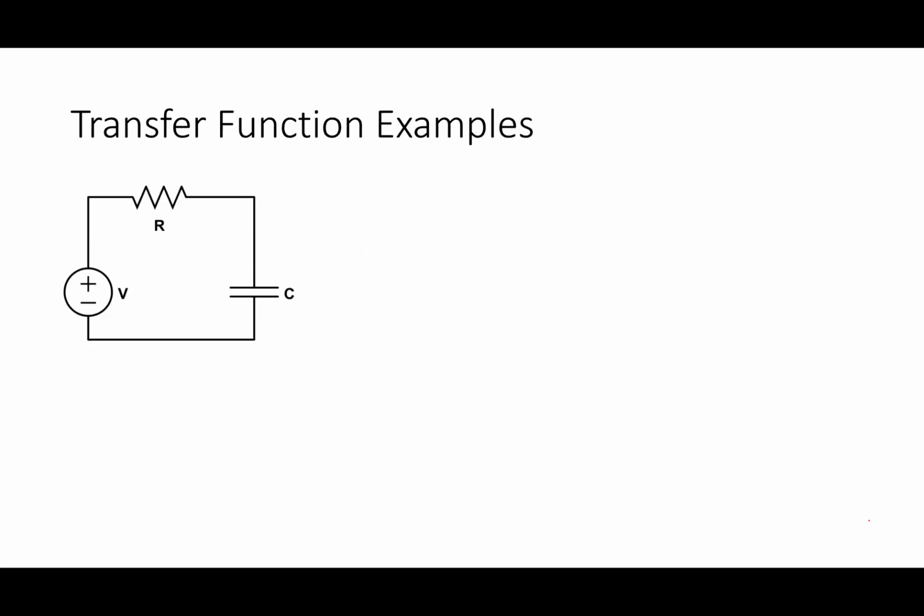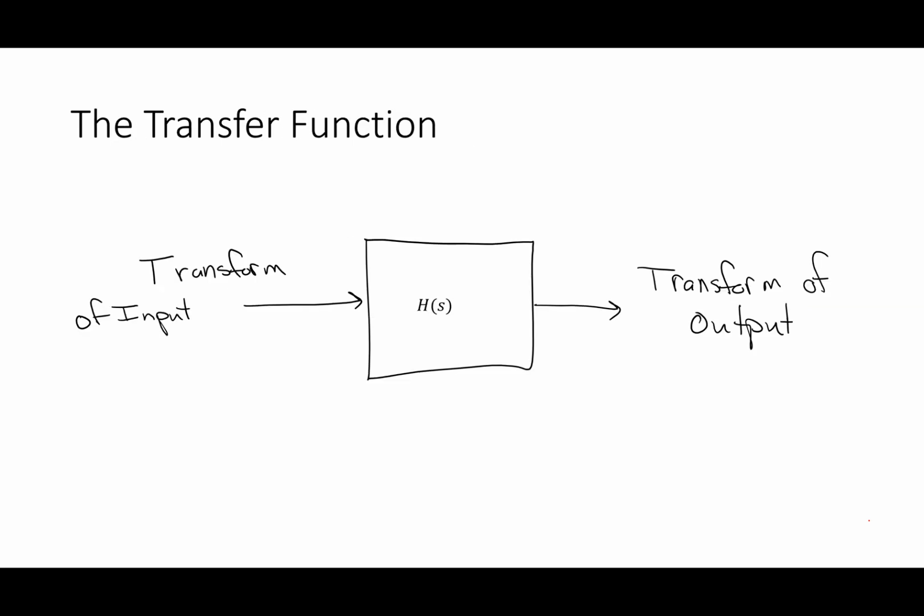So if you look at this block diagram, the way I use it is I say the transform of the output is always equal to whatever H of S is times the transform of the input.